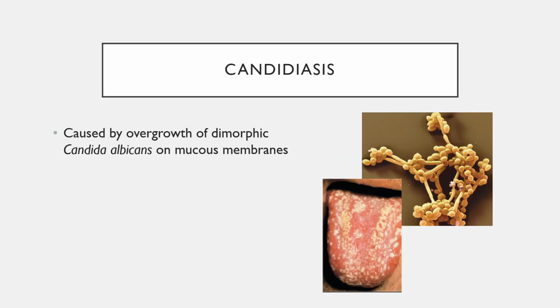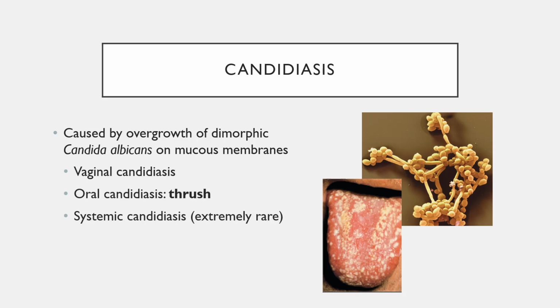Next is candidiasis. Candidiasis is an opportunistic infection caused by the growth of Candida albicans, which is a dimorphic species of fungus, meaning it can either grow as a yeast or as a mold. And these infections can happen in several areas of the body. Most commonly is vaginal candidiasis or a yeast infection.